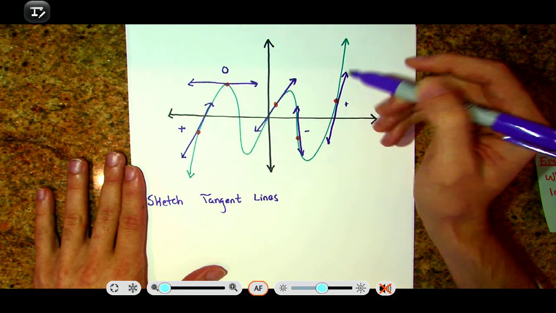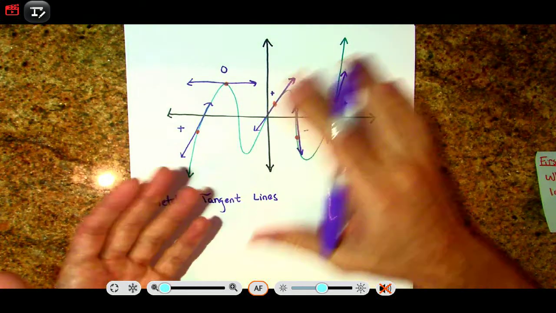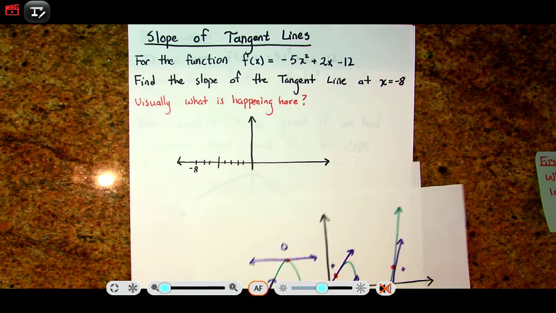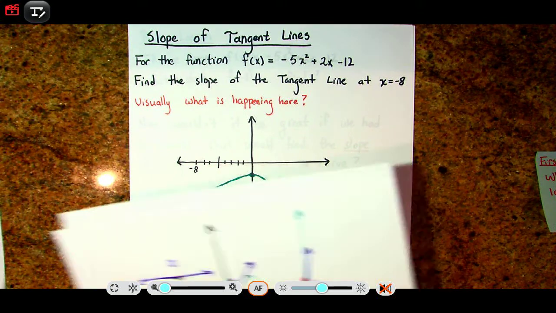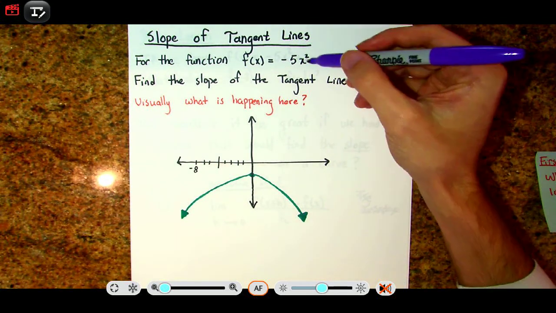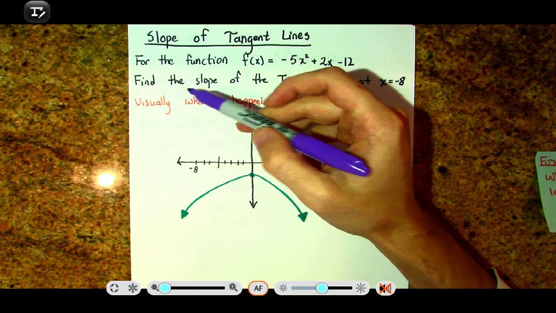Hopefully we have an okay understanding of what tangent lines look like on a graph. The next thing within calculus that we want to find out is, let's say we have this function, negative 5x squared plus 2x minus 12. Take a second and copy this down.